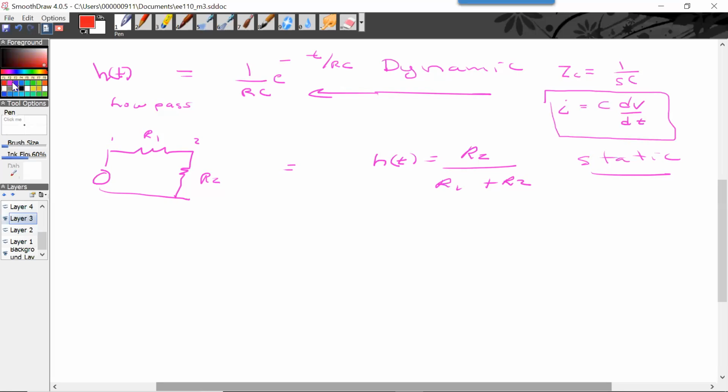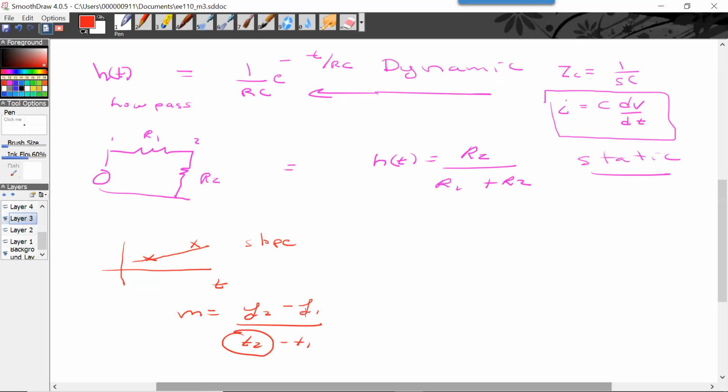The way to remember that is even if I just have time and I have a point here and a point here, and I want to know the slope, which is the derivative, M would equal y2 minus y1 over T2 minus T1.